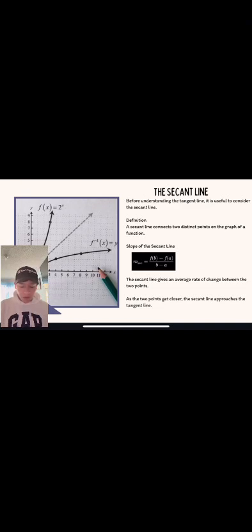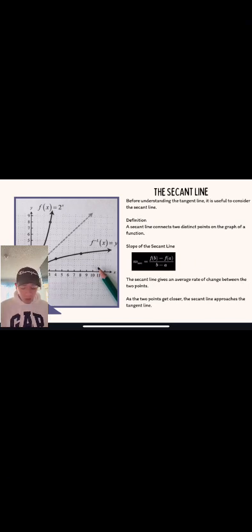The secant line. Before understanding the tangent line, it's useful to consider the secant line. A secant line connects two points on the graph of a function.